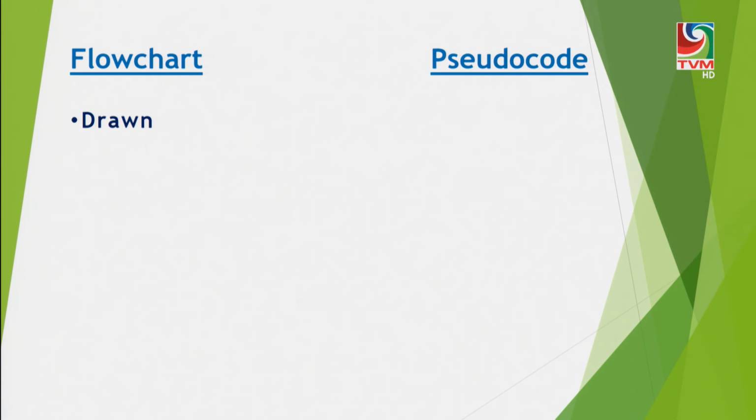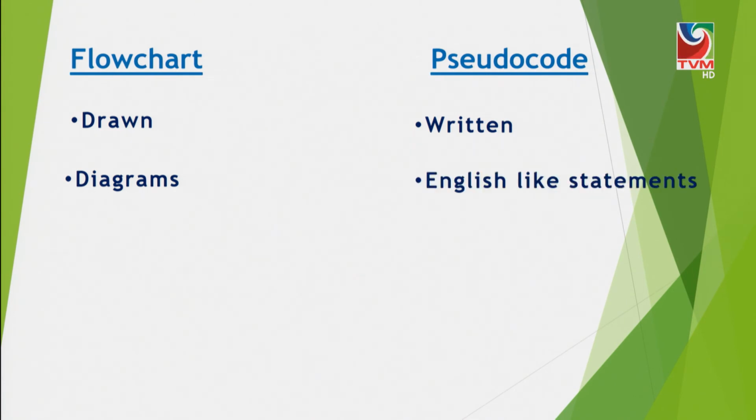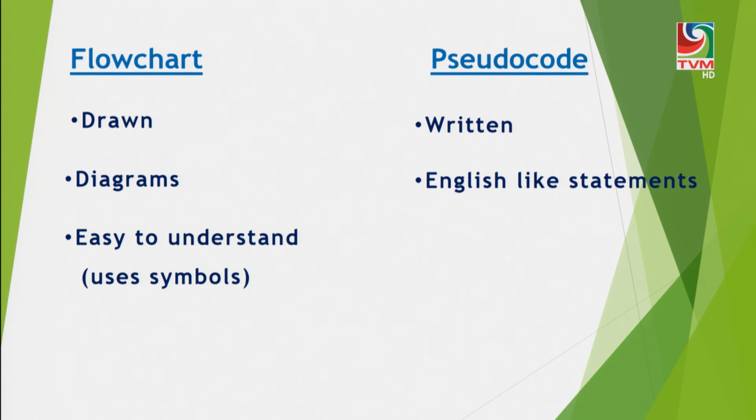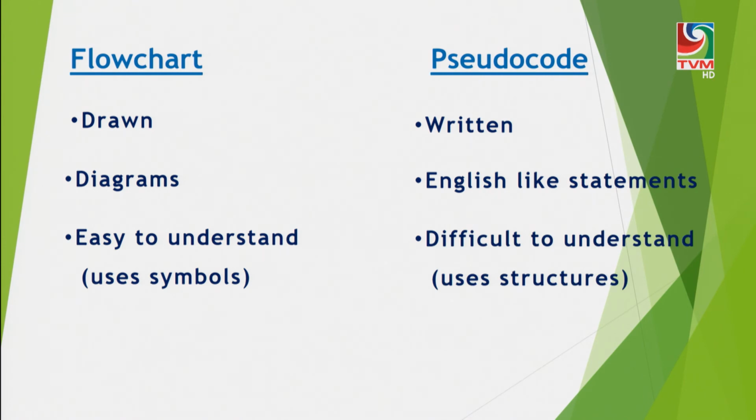A flowchart you can draw, but an algorithm you can write. And a flowchart can be represented using diagrams. You have seen a lot of diagrams before. And pseudocode is English-like statements. And a flowchart is very easy to understand because it uses symbols, and difficult to understand because it uses structures.